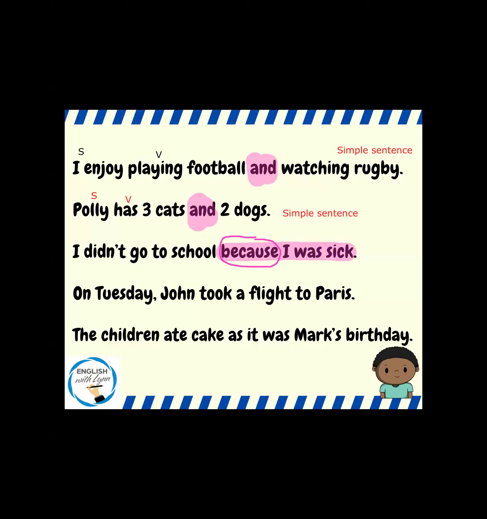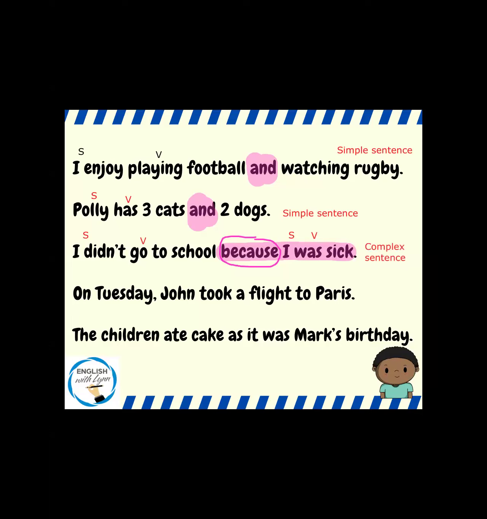Okay, and I have got I as the subject, go as the verb, and then I've got here I as the subject, was is the verb. So this particular sentence is a complex sentence because it has a subordinate clause in it. So I'll label it at the end.